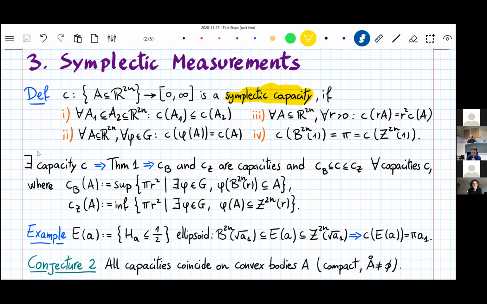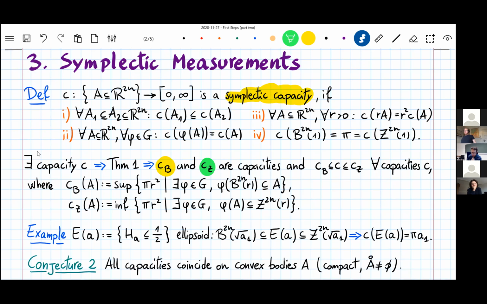And then it's nice to observe that the existence of the capacity is actually basically equivalent to the non-squeezing theorem. And moreover, given the non-squeezing theorem, you can cook up very explicitly two capacities, CB and CZ, which are called the ball and the cylinder capacity.